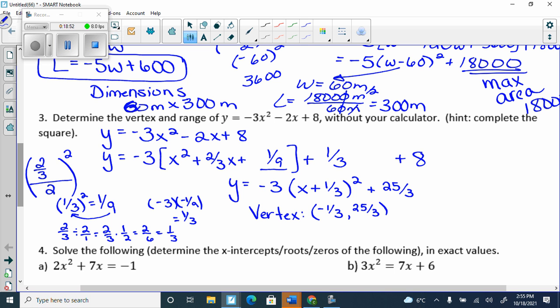So my range is going to be y such that y is less than or equal to, what's my highest y? 25 over 3, because this is the max y.